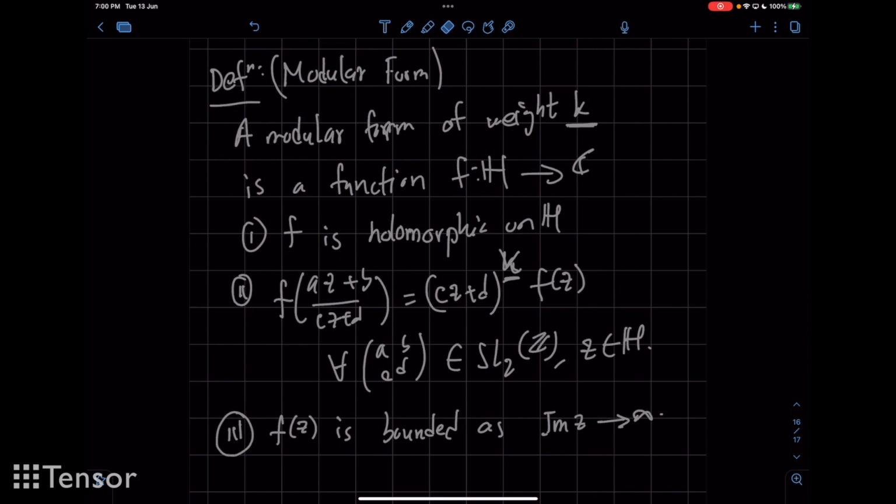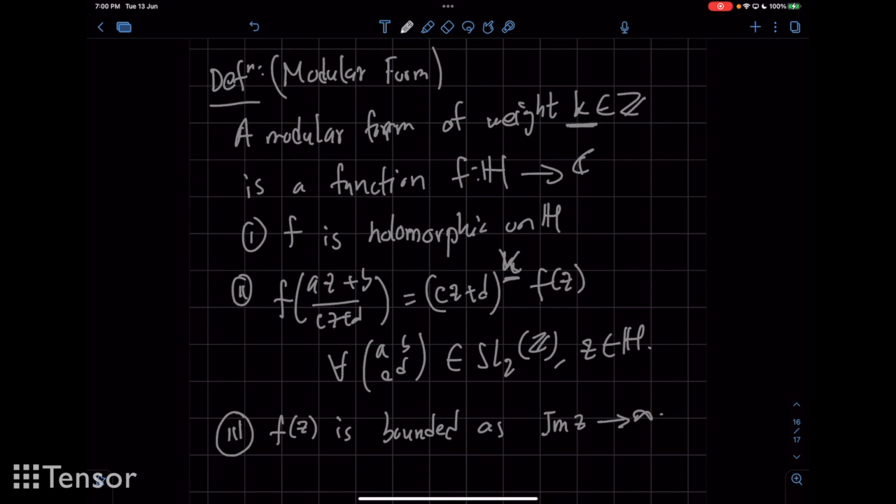Also, I think we need to mention that in principle this weight can be any integer. But spoilers ahead: we shall prove in this class that modular forms of negative weight do not exist.